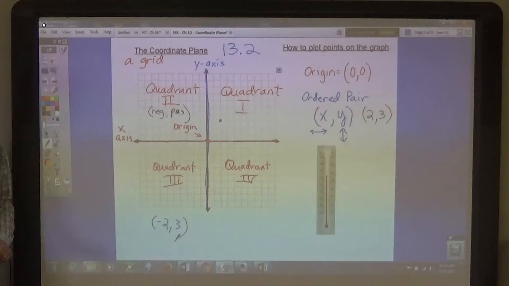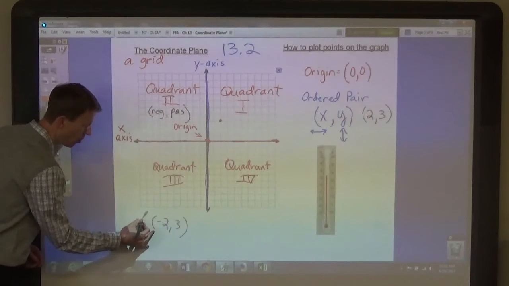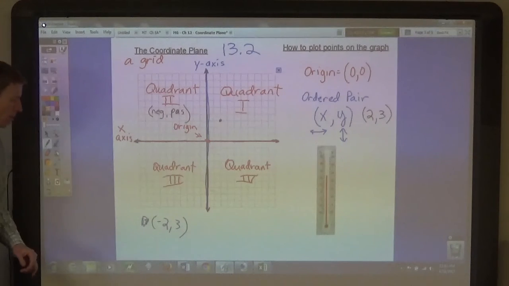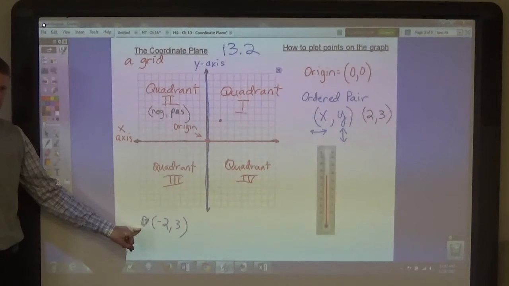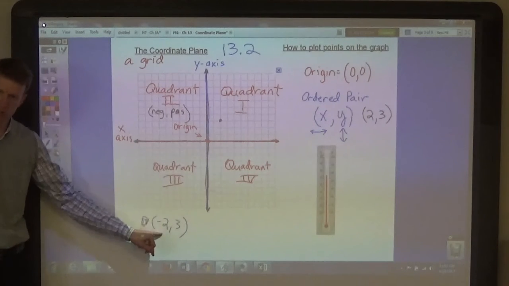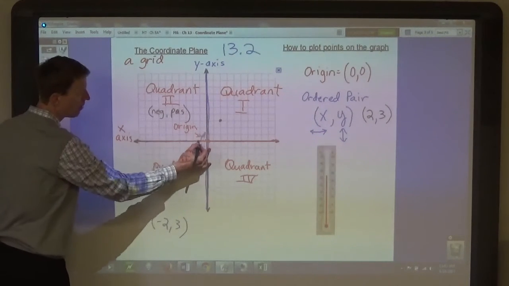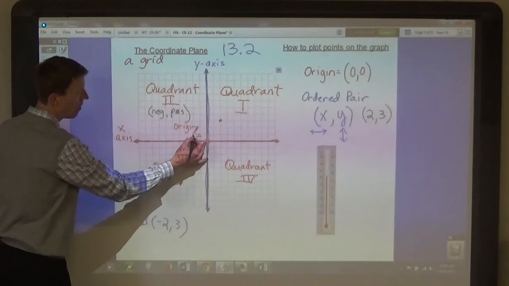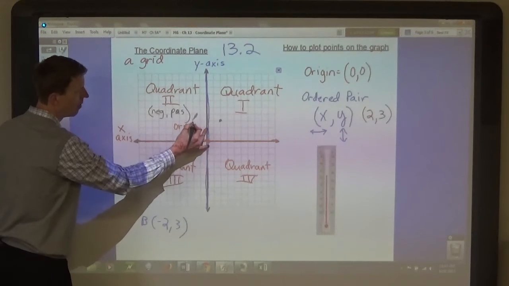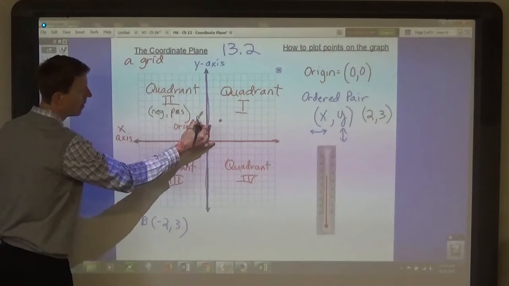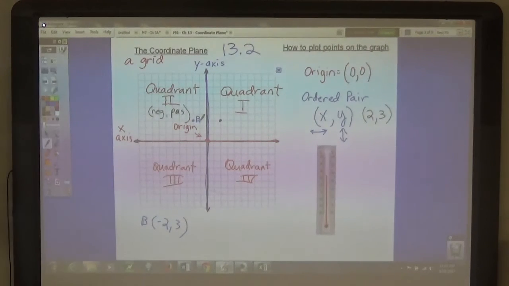Okay? Let's say that this point is labeled point B. So if you had to graph point B and you're given these numbers, you would go to the left 2 and then from there go up 3. Mark the dot and label it point B. Okay? Does that make sense?